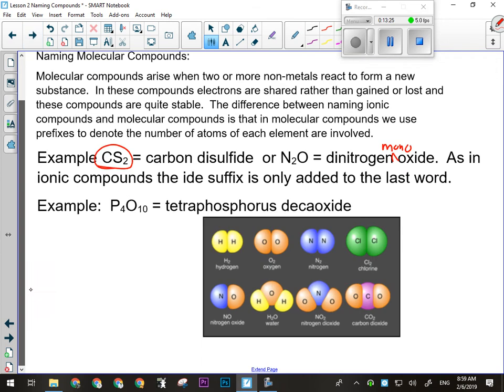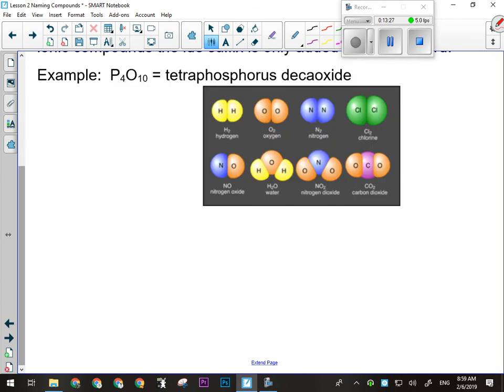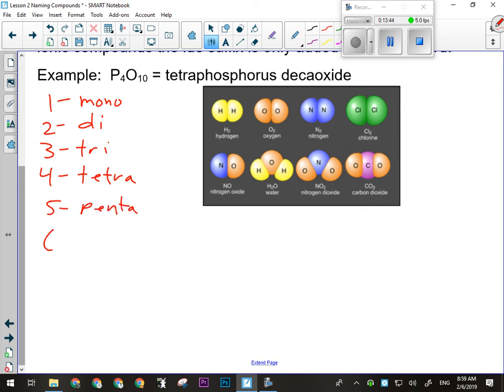Okay, now the prefixes, just so that you have them. The prefix for 1 is mono. The prefix for 2 is di. The prefix for 3 is tri. For 4, it's tetra. For 5, it's penta. For 6, hexa. For 7, and this one's important, because if you ever took science in French, you were told this is septa.